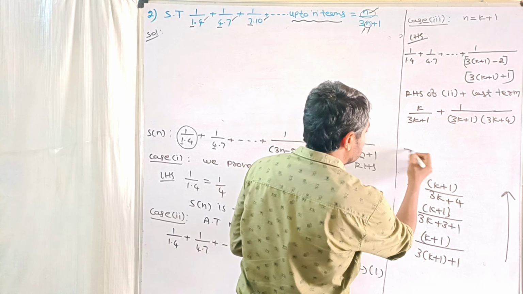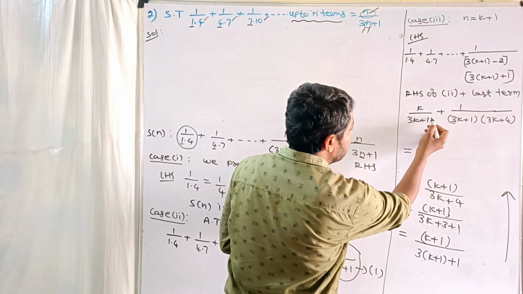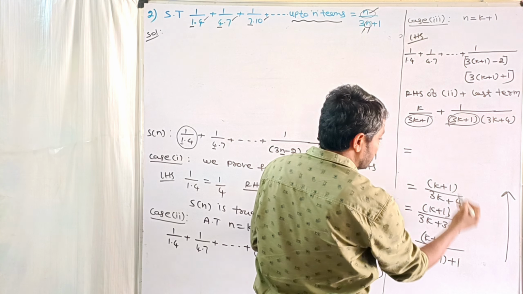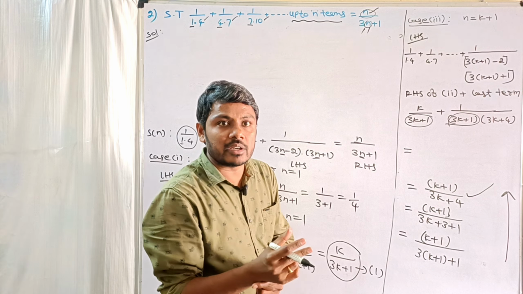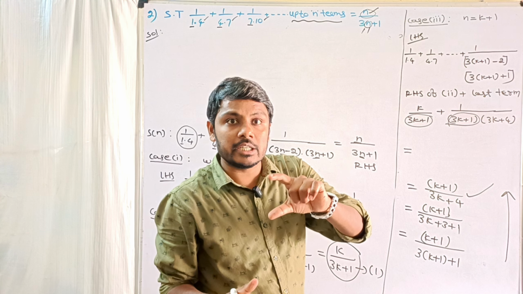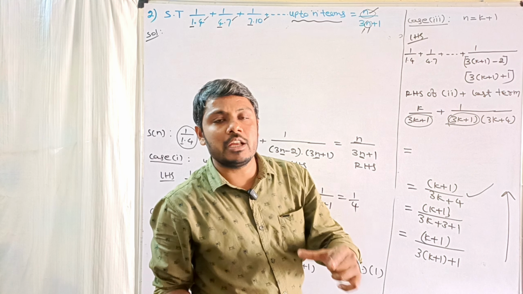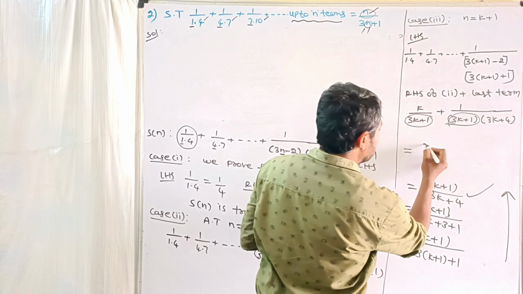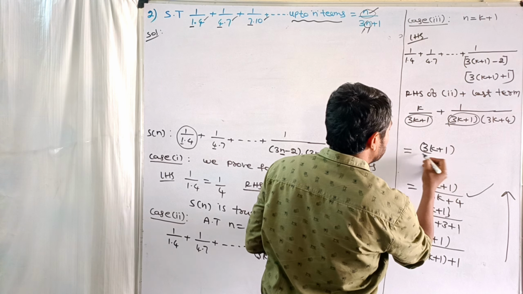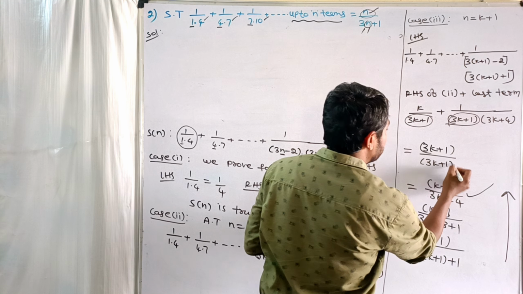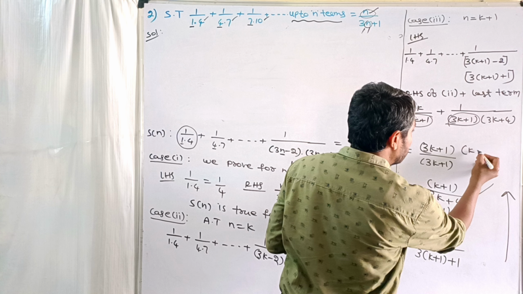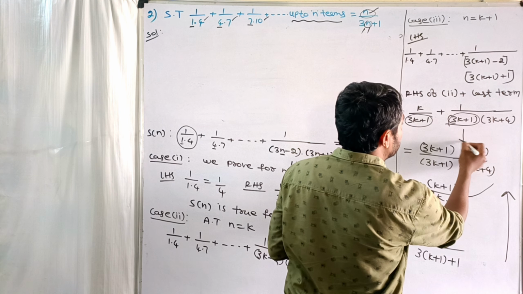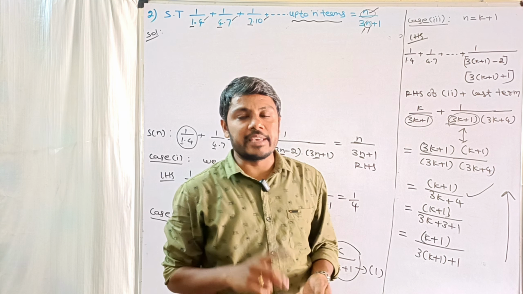Again, once you observe here, we have 3k plus 1 in the earlier expression, but here there is no 3k plus 1, which means the two terms cancel, since one is in the numerator and one in the denominator. So for that we can multiply and divide by 3k plus 1, that is (3k plus 1) by (3k plus 1), into k plus 1 by 3k plus 4. So clearly both coincide. So this is the second method.